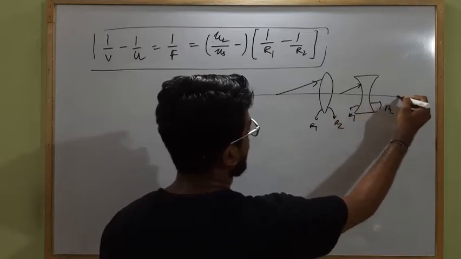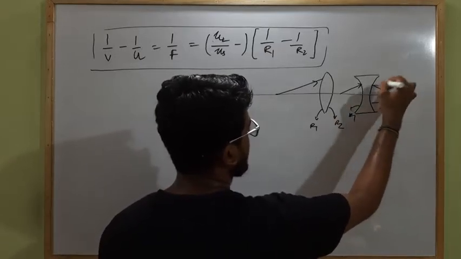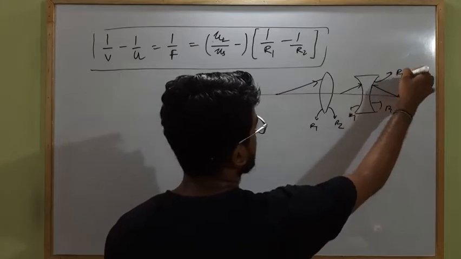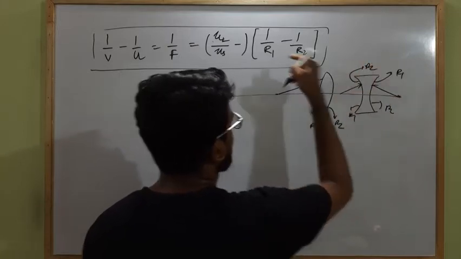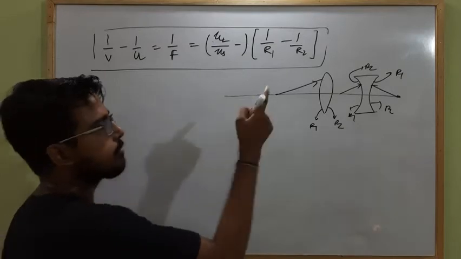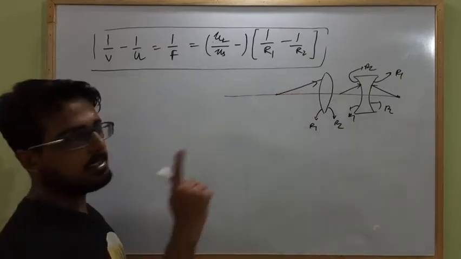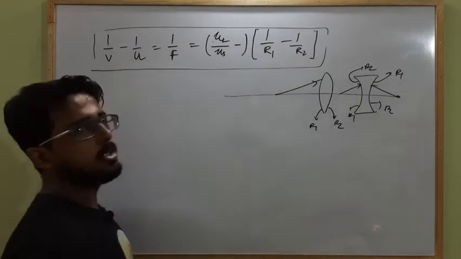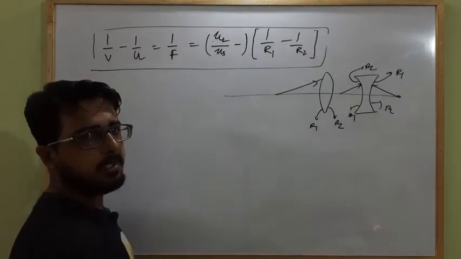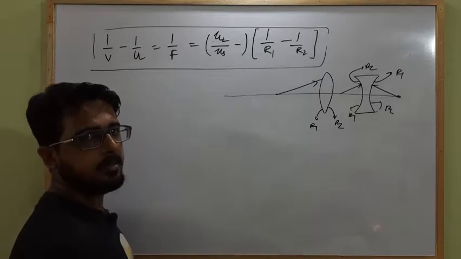Similarly, if the object is here and the incident ray first strikes this spherical surface, its radius of curvature will be R1 and it will be R2. So R1 is the radius of curvature of that spherical surface on which the incident ray strikes first, and R2 will be the radius of curvature of the other spherical refracting surface of the given lens.